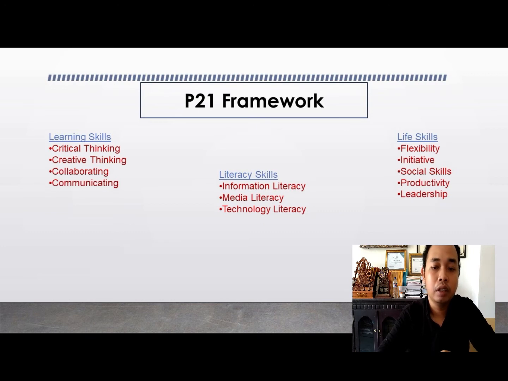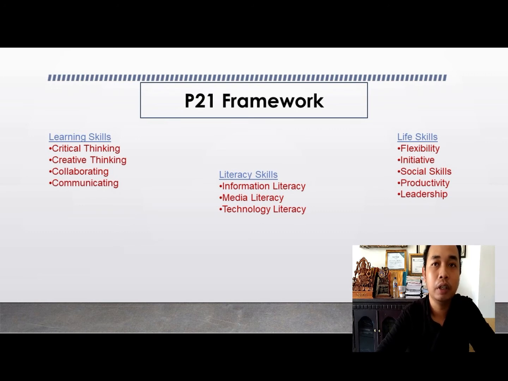So in critical thinking and problem solving, the students need to solve the problem of what is a good paragraph, and they need to solve the complex problems given by the teacher later on.